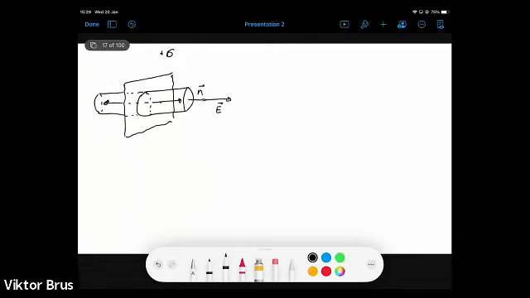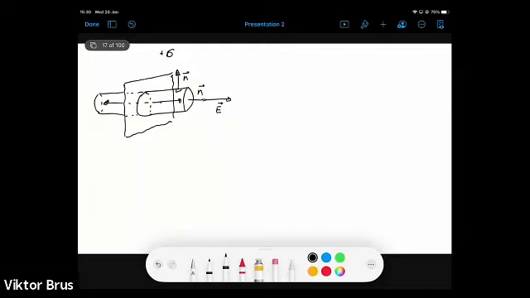If we consider some element of surface on the side surface of the cylinder, the electric field vector will be perpendicular to the normal unit vector. And that means that there will be zero electric field flux through the side surface of this closed cylinder surface.